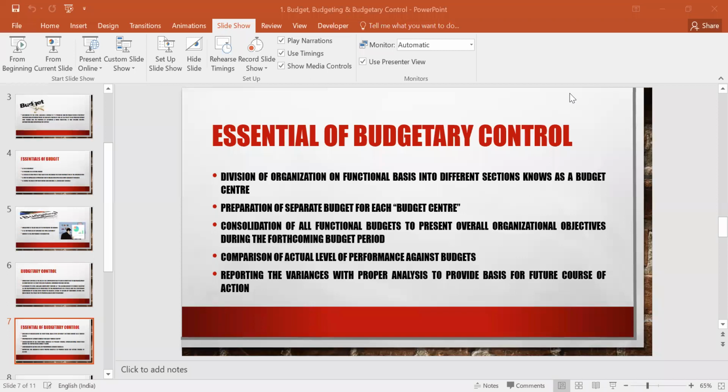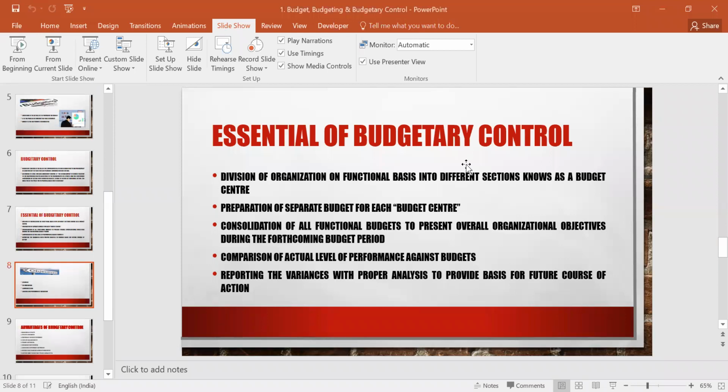Later, budgetary control compares the actual level of performance against the budgets. If there is any variation, these variances are reported after analyzing why there is a difference, because this provides the basis for our future course of action. So this is about the essentials of budgetary control.